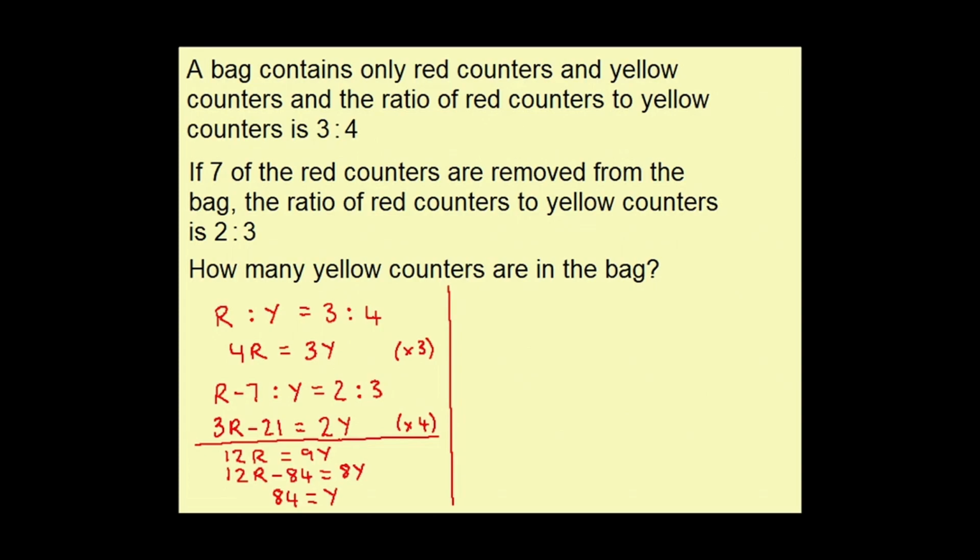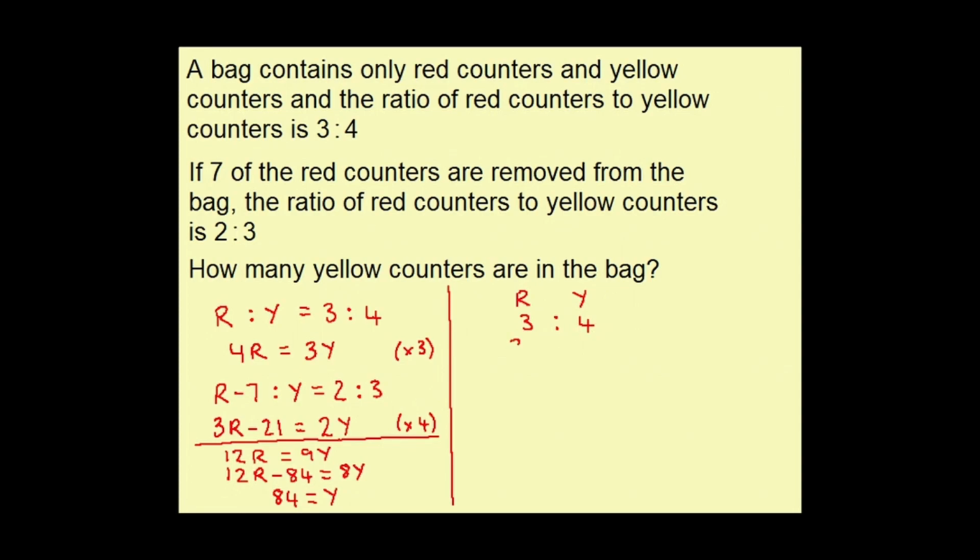For the second method I'm going to show you, we set up our headings, red and yellow. I've got my ratio 3 to 4. Now remember, this doesn't necessarily mean that we have exactly 3 red counters and 4 yellow counters. It means we've got a multiple of 3 red counters and the same multiple of 4 yellow counters.